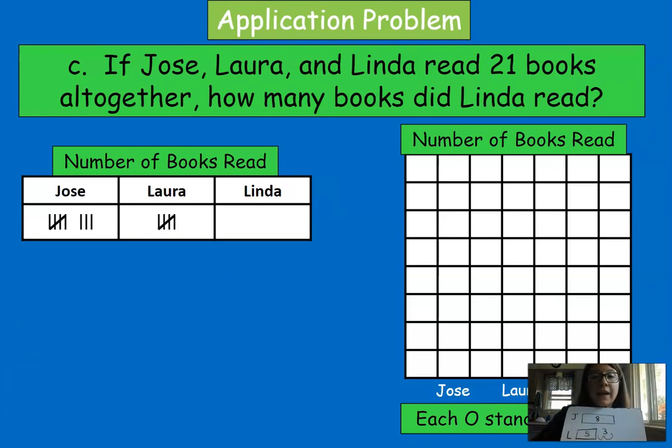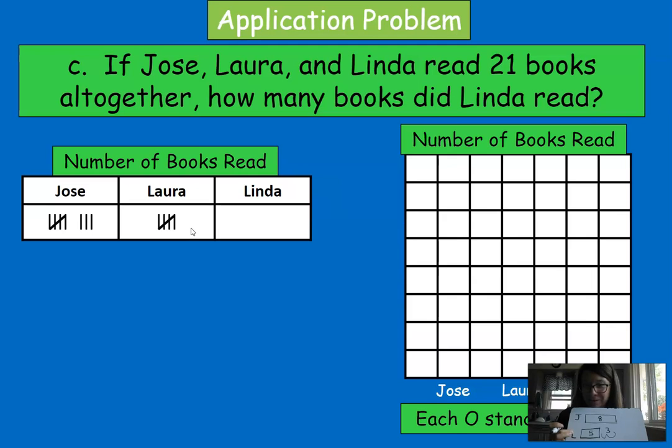If Jose, Laura, and Linda read a total of 21 books, so our total of tallies here is going to be 21. They read 21 altogether. How many books did Linda read? Right now, we know that Jose read 8. This graph now shows that Laura read 5, so we're just going to roll with that. It's fine.